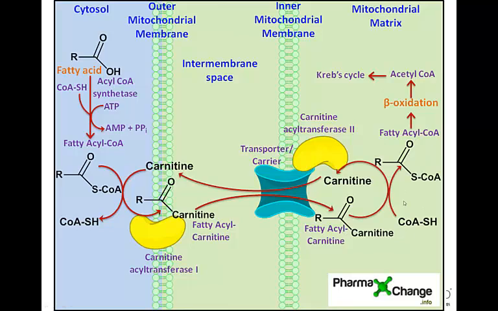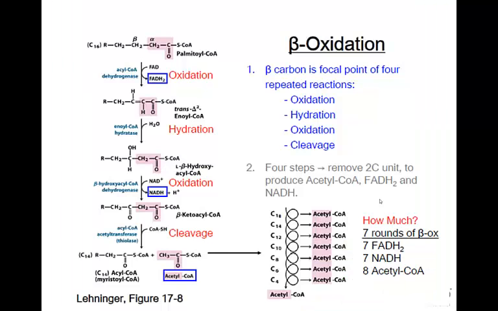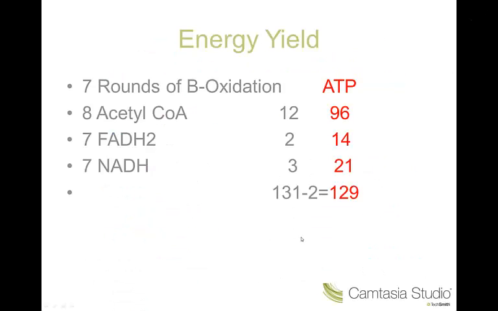This also required 1 ATP, so we consumed a total of 2 ATP. So in the oxidation process, we generated a total of 129 ATP per fatty acid. I didn't take into account the energy expense to transport ATP out of the mitochondria, so this is a rough estimate, a total of 129 ATP.